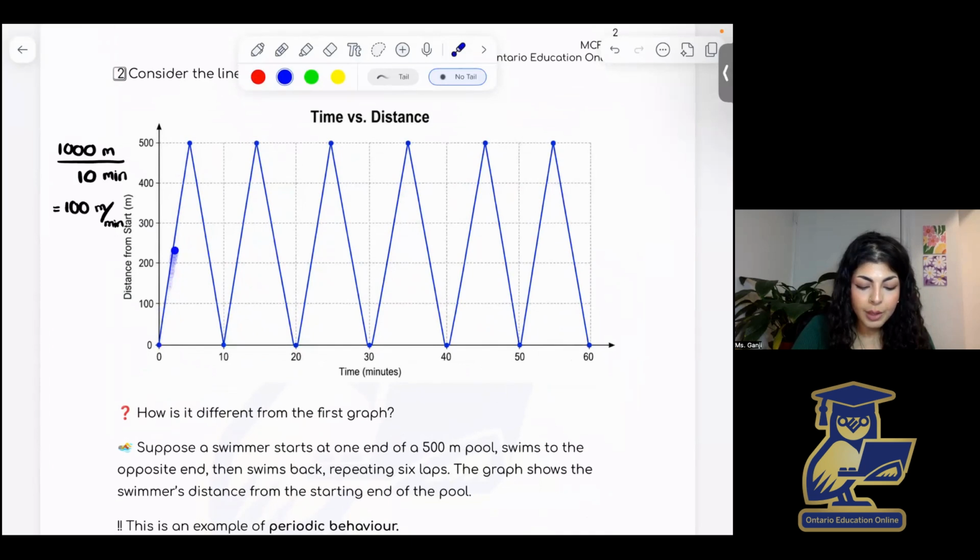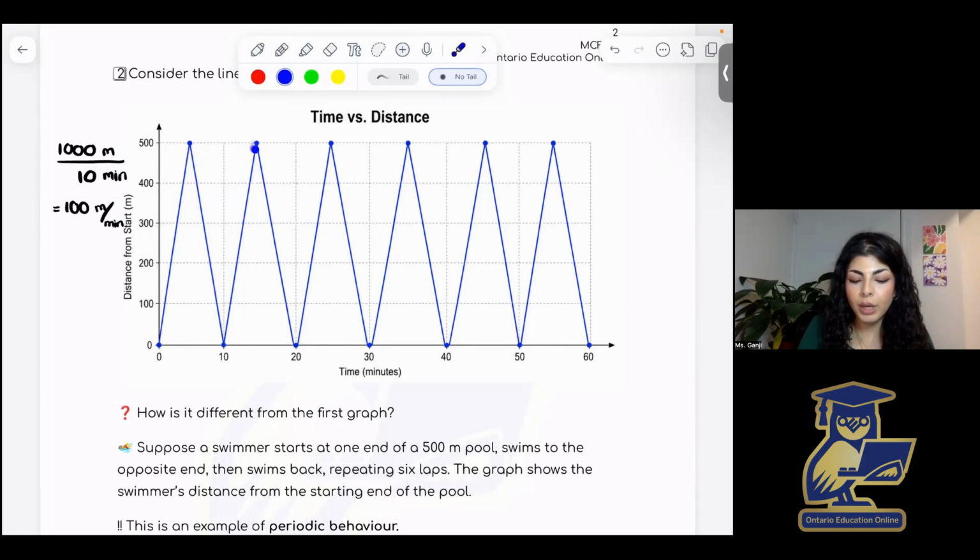the swimmer has a consistent speed going towards one end and another end, and maintains that speed throughout. Of course, we know in real life that's maybe not as realistic. Perhaps by the 6th lap, the swimmer might be tired and the speed might be changing, or you can even interpret that at these points there might be a pause where the swimmer is flipping directions, but this is assuming that they instantly flip their direction and are swimming back.